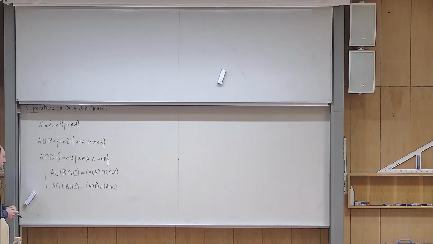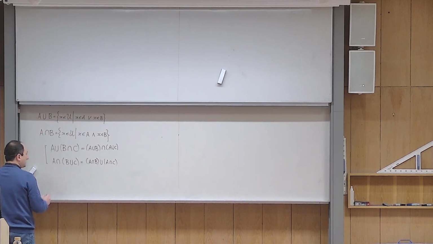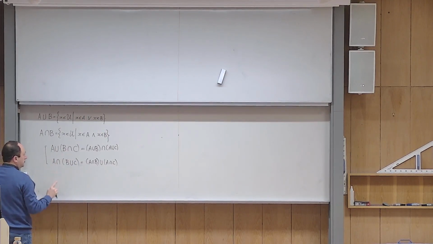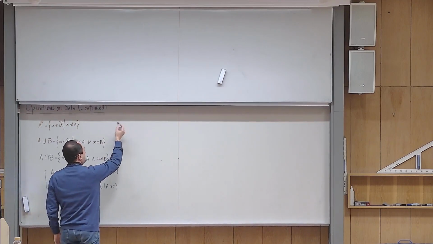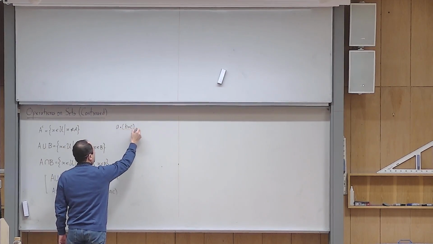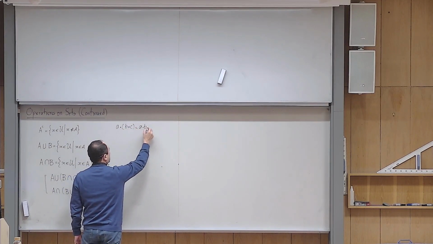Okay, the next rules that I want to discuss are these rules. These are called absorption rules. And by the way, one thing that I want to mention, whenever you have distributivity, for example, in numbers, when you say A dot B plus C, from left to right, it is distributive.